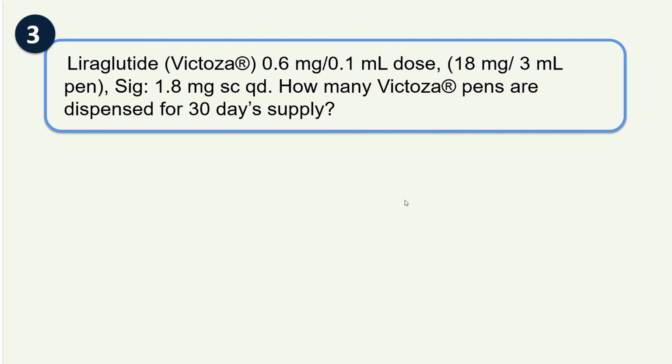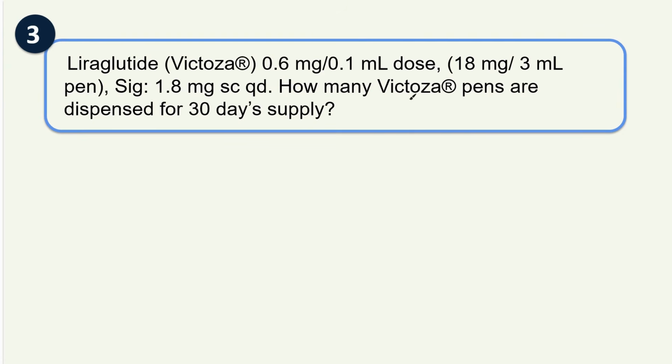Next, liraglutide, the brand is Victoza, 0.6 milligram per 0.1 ml dose. That's the prescribed dose. However, liraglutide comes in 18 milligrams per 3 ml. The Sig, or direction, is 1.8 milligram subcutaneous daily.